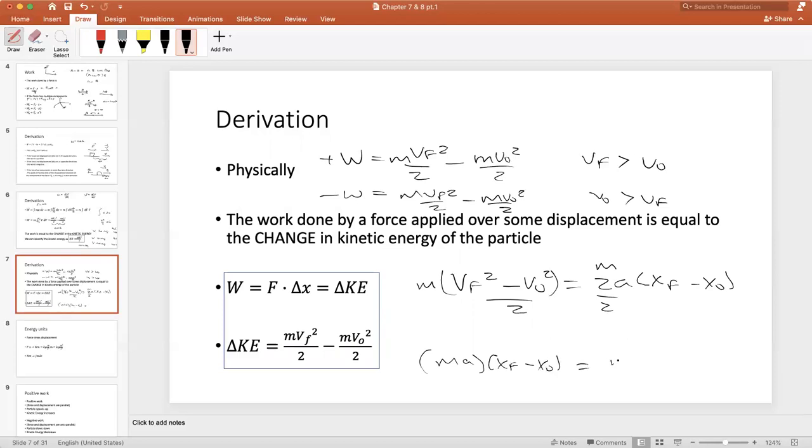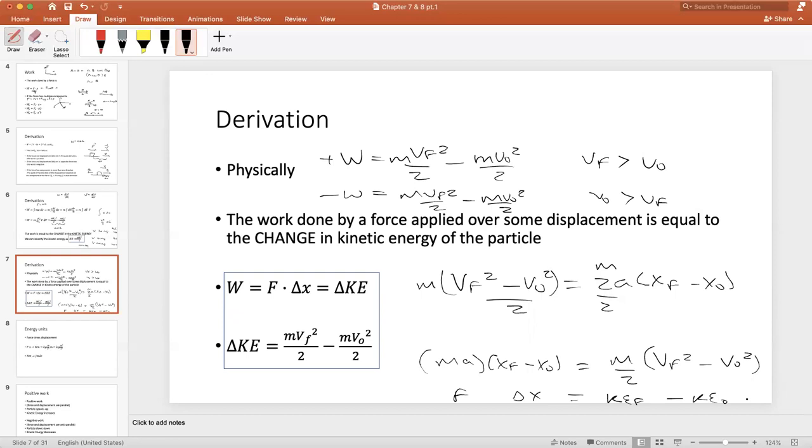And on this side, we get m over 2 times v final squared minus v initial squared. And we can see this is exactly the work equation. This is the force times the change of x is equal to the kinetic energy final minus the kinetic energy initial. So as long as we have constant forces, this is true. It actually turns out sometimes we don't even need constant forces. But for now, for constant forces, this totally holds.